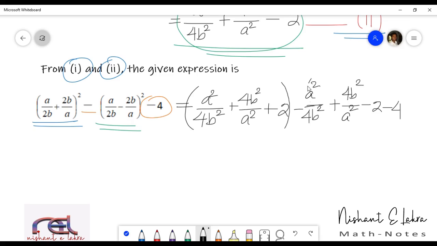Okay, we will separate them using the brackets. That is how it's given in the question, so we'll use the brackets to separate them. And now we will open the brackets. When we open the brackets, the sign of the second expression or second equation will change.